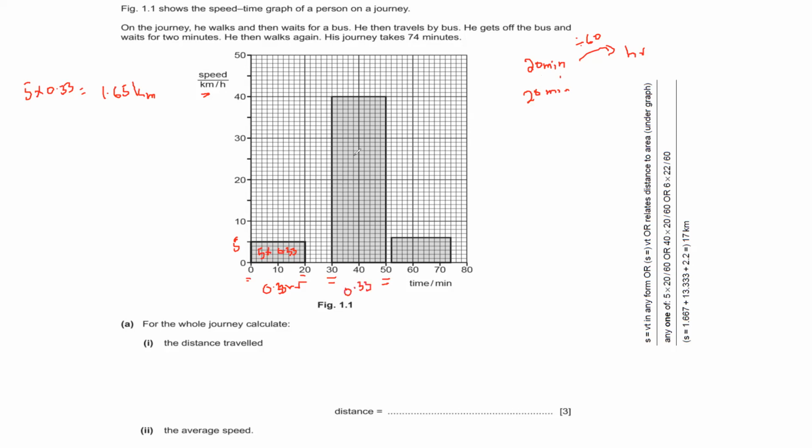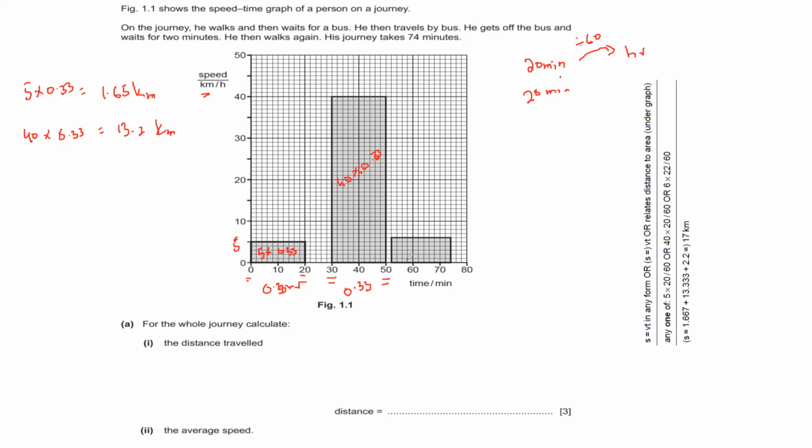And what about the height? The height is equal to 40. So length multiplied by width: 40 multiplied by 0.33. This will be 13.2 kilometers.